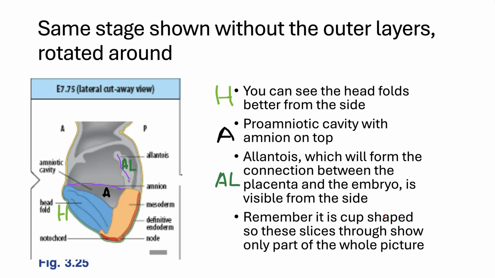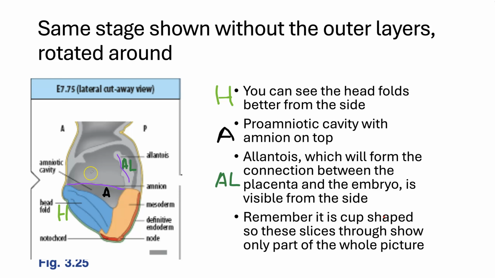If you remember the allantois from the chick, that was your gas exchange. No, that was just the gas exchange, because the allantois and the yolk sac were separated. But in the case of the mouse, this is going to form the connection with the placenta. And you can see it from this angle, but you couldn't from the previous angle.